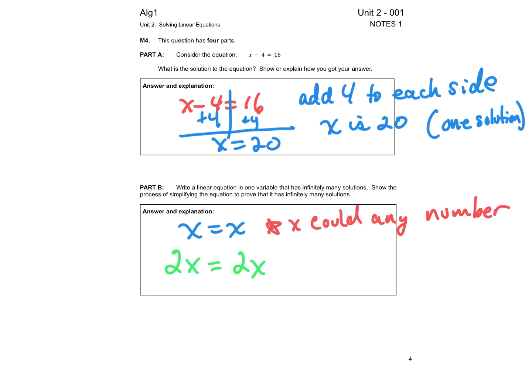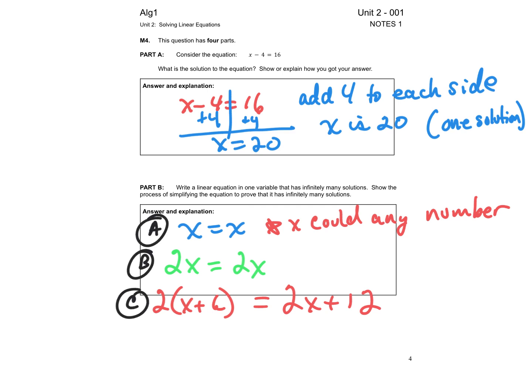Anything where it has the same on each side. Sometimes you can get fancy. I'll put like 2x plus 6 equals 2x plus 12. But any one of these three, A, B, or C, would give you many solutions. X could be any number.